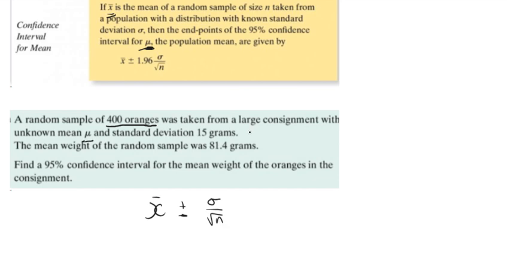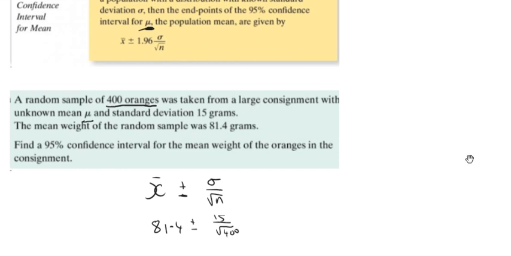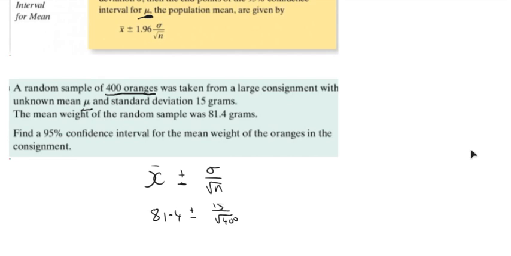Our x bar for this one will just be 81.4 plus or minus, and then the standard deviation given is 15, over the square root of n, which is 400 because we have 400 oranges to test. You can just use a calculator and you'll come up with the confidence interval.